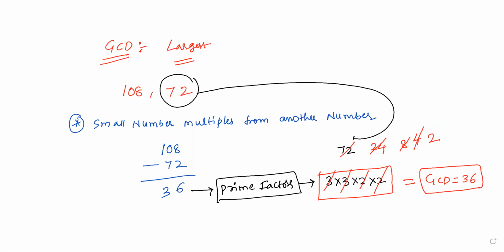Don't bother. I will explain another example so that you can easily understand. Suppose 204 and 528 are there. Now in this problem, you can take a multiple of the smaller number.